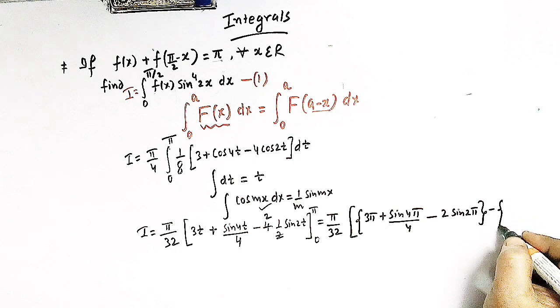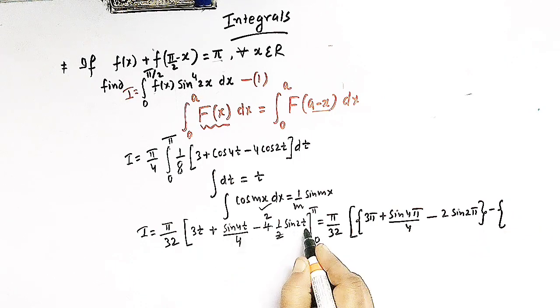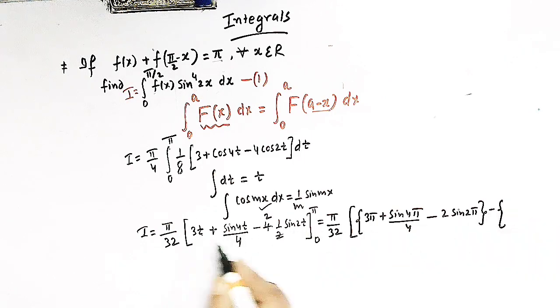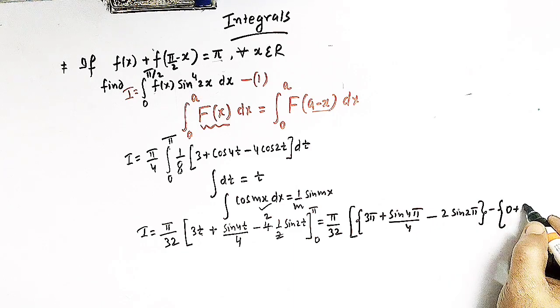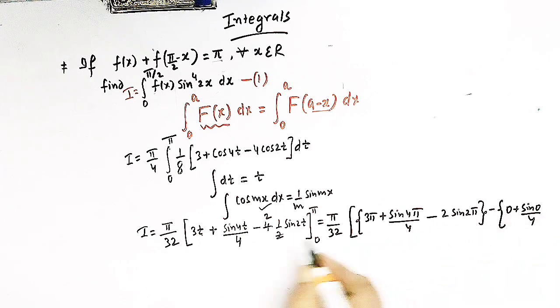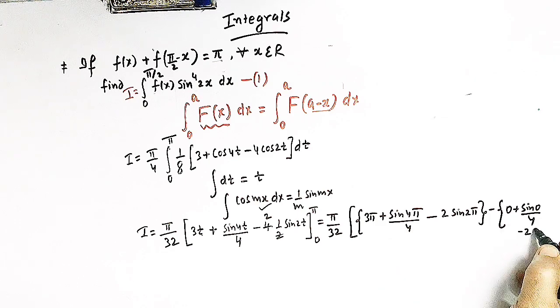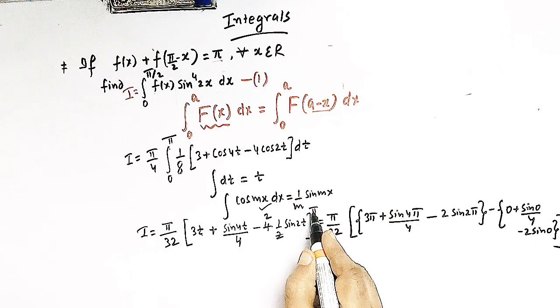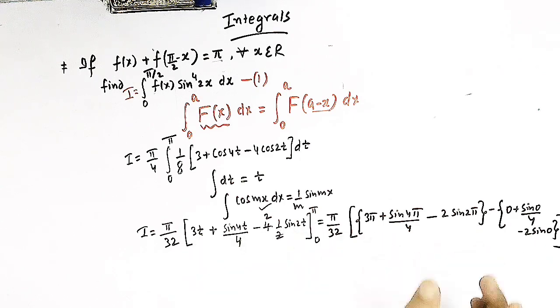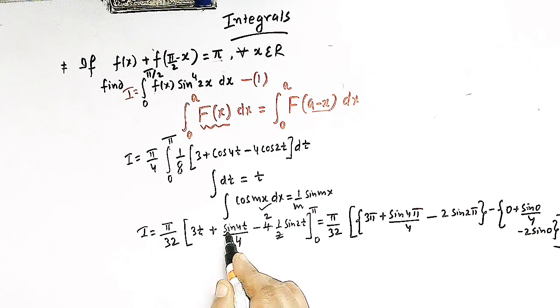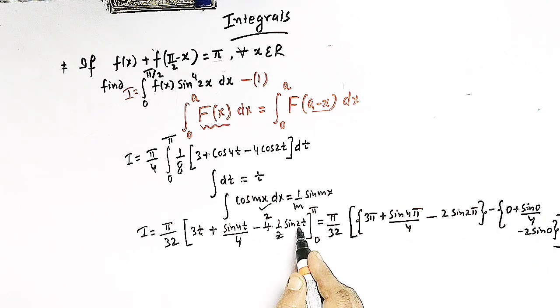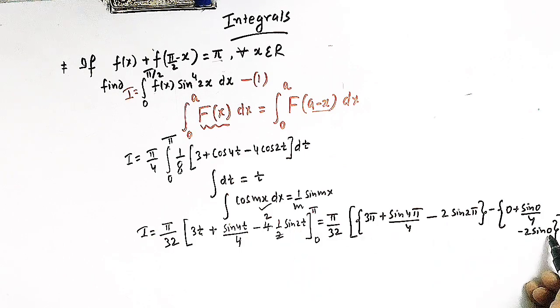And then we'll take t is equal to 0 in this expression. 3 times 0 is 0, then we have sine 0 over 4, and here we have minus 2 sine 0, right? Because when we take t is equal to pi, we have this expression, then here we have a negative sign, and then we'll take t is equal to 0. This term is 0. This is sine 4 times 0, sine 0 over 4, and here we have minus 2 sine 2 times 0, which is sine 0, right?